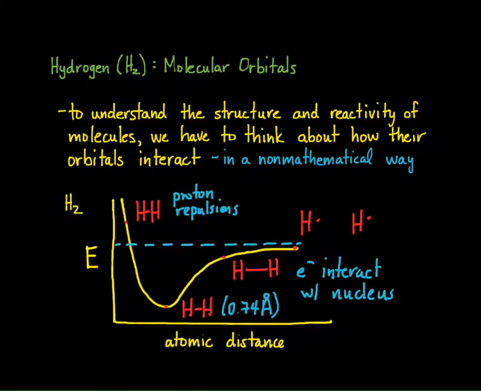So this is a diagram that really gets to understanding what's happening at the molecular level of two hydrogens. You're starting with two atoms that have orbitals, and you end up with a molecule that has orbitals, right? So two atoms forming a molecule.